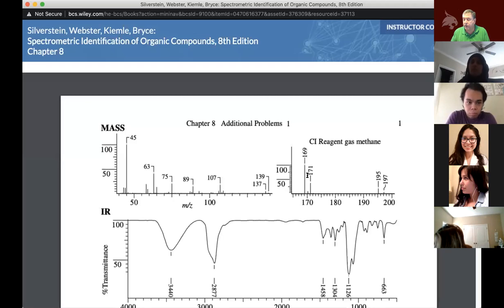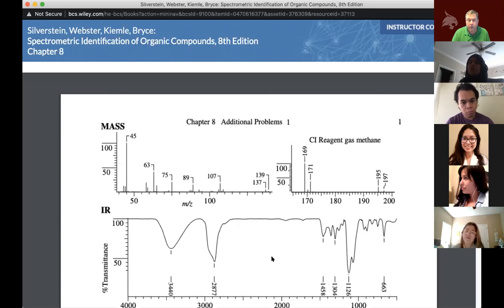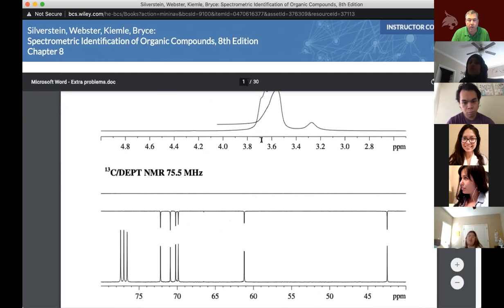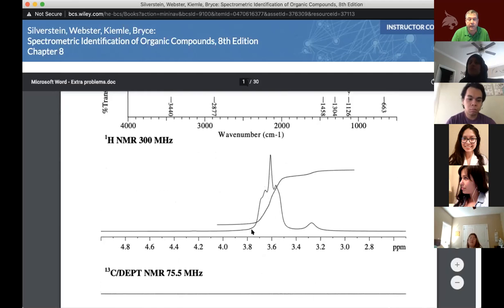And so that 133, our empirical starting formula, is going to be C10H13Cl1. Now, because of our functional group here, we probably have an OH here. We have no other functional groups, and these all look like they're close to a heteroatom.